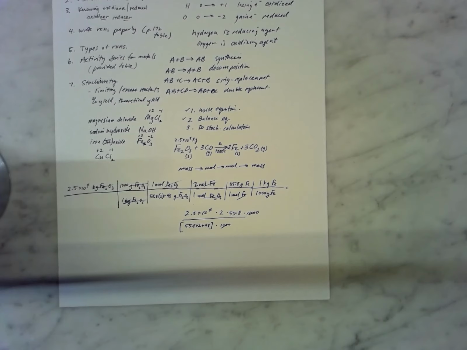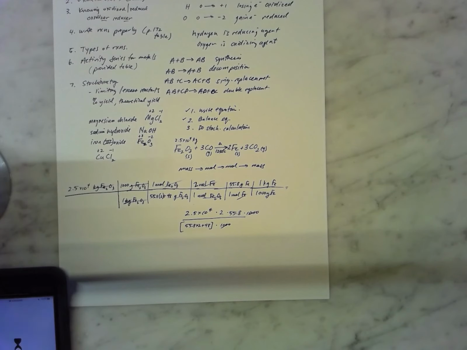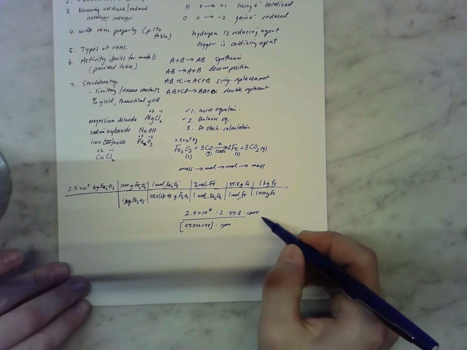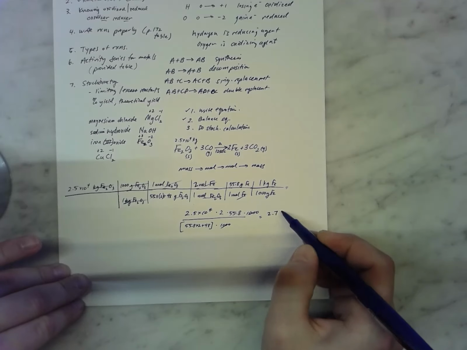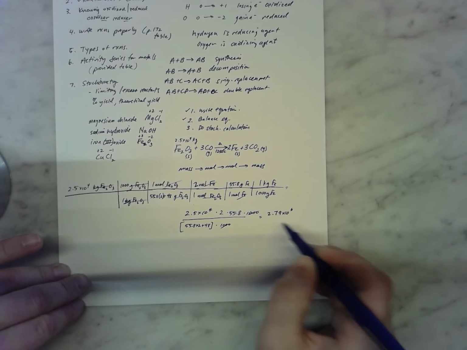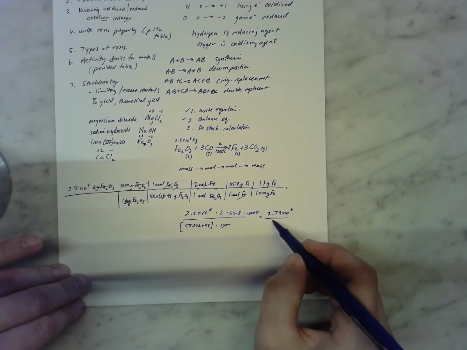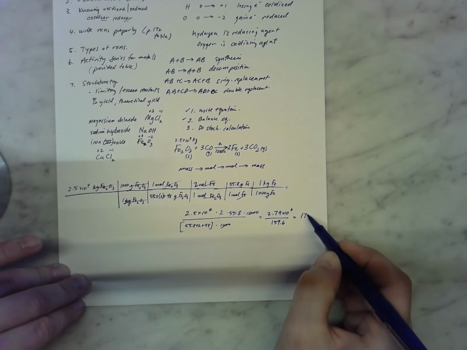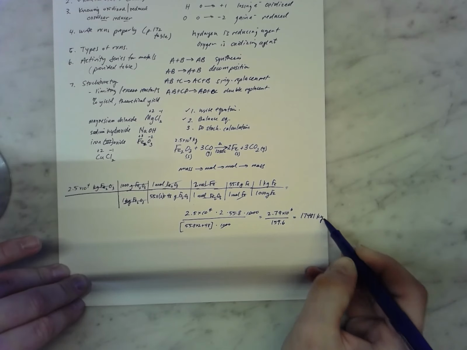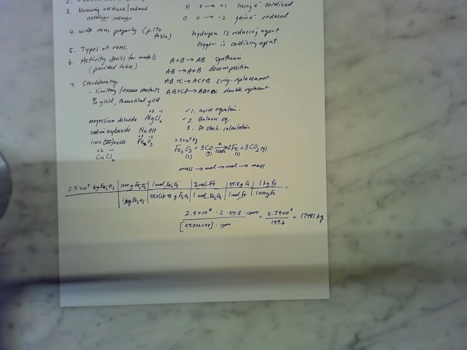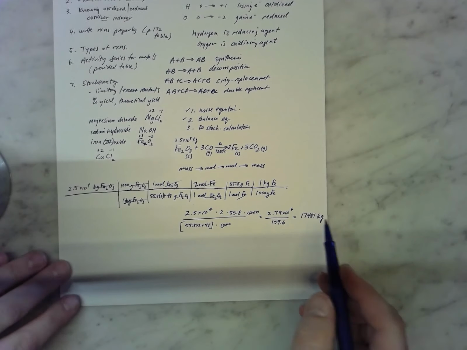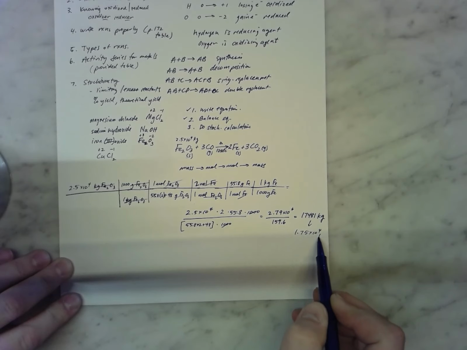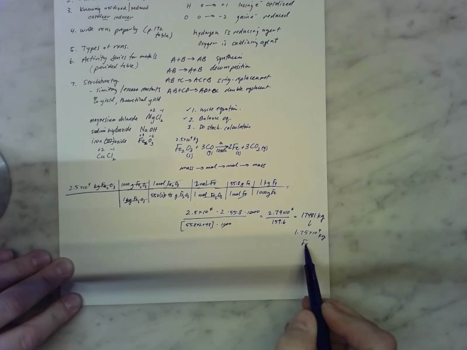Okay, and then we will multiply those together and we will get 2.79 times 10 to the 6th over 159.6, and that will give us 17481 kilograms. You can check my math if you'd like. And that's 1.75 times 10 to the 4th kilograms of Fe produced.